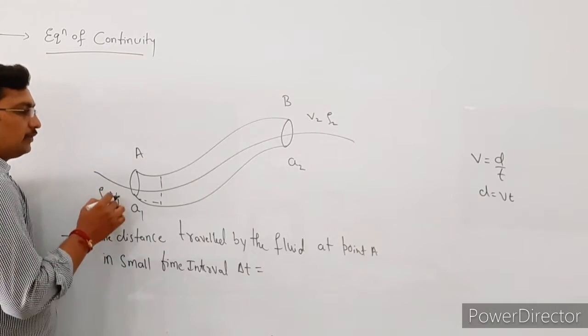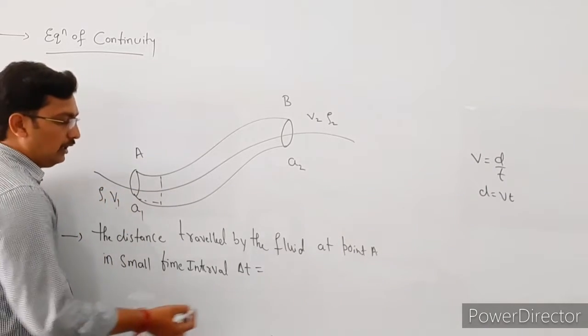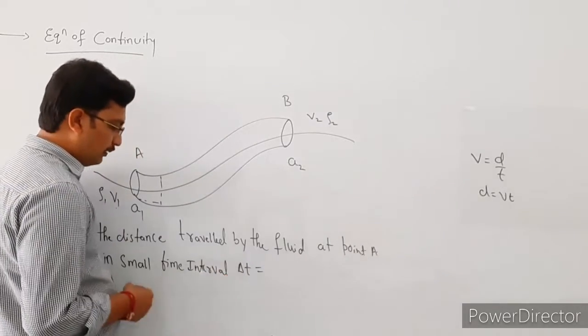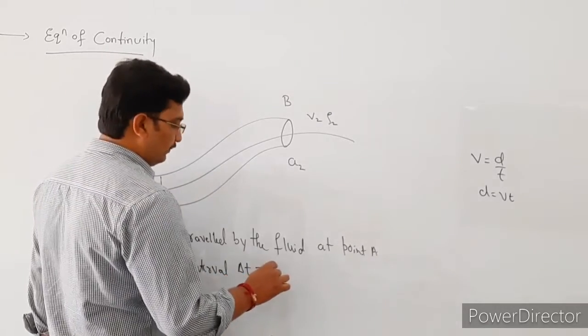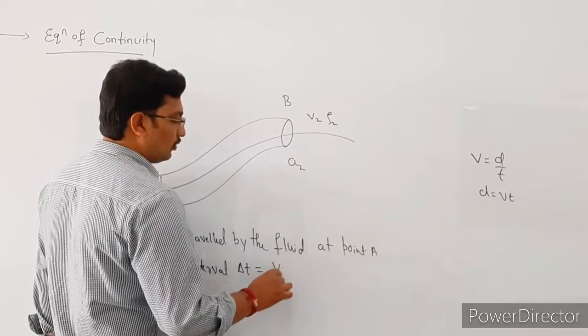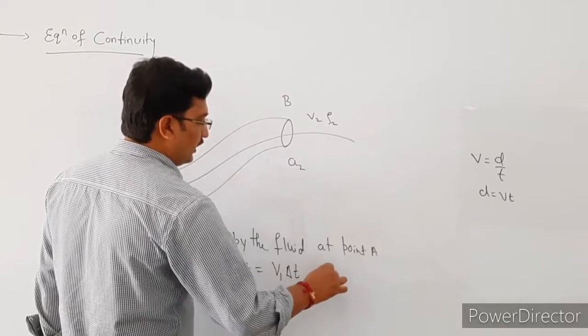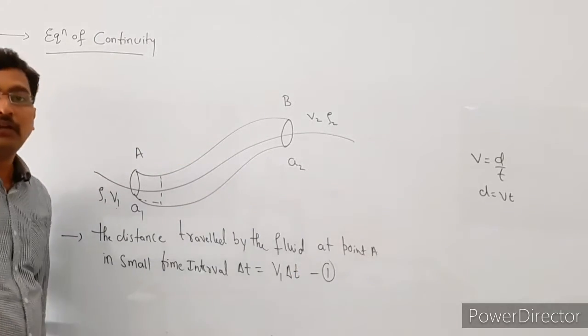The velocity of the fluid at point A is v1 in a time interval of del t. So the distance traveled by the fluid at point A in a small time interval del t is equal to v1 into del t. This is our equation number 1.